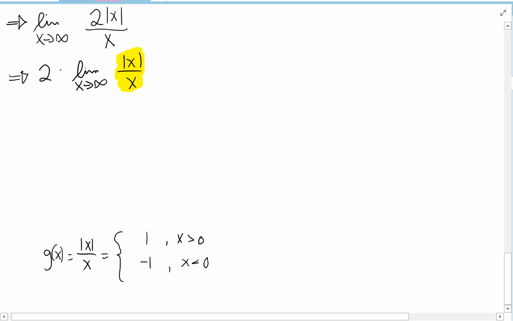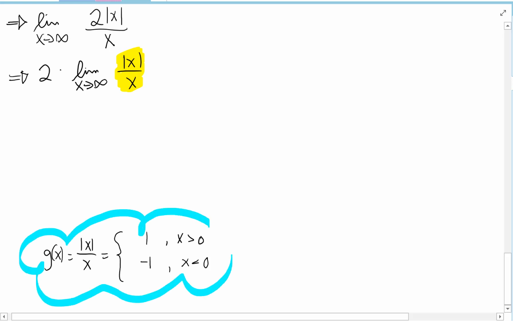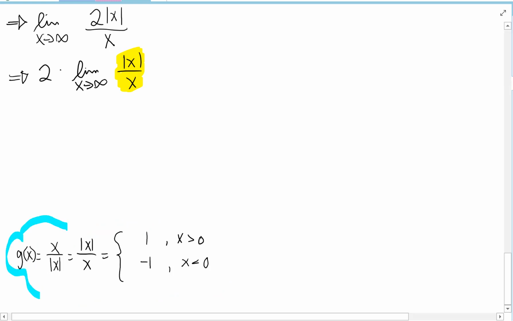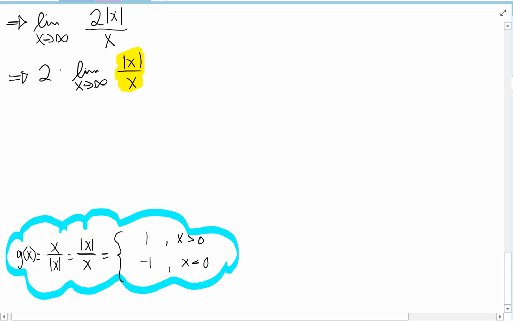This is something we learned in pre-cal, and you should definitely have it memorized. It also works for x over absolute value x, so regardless of where the absolute value is.